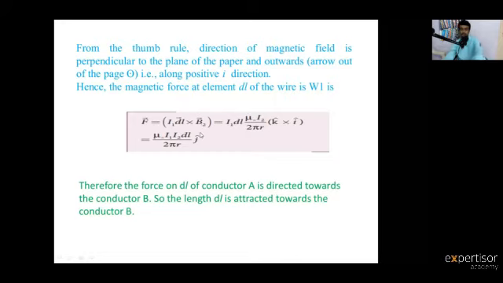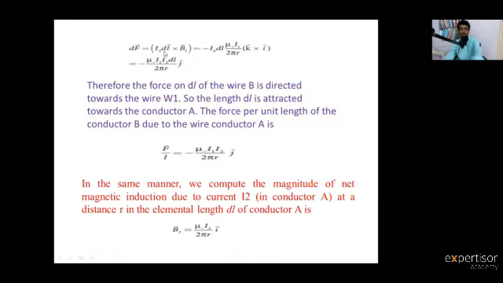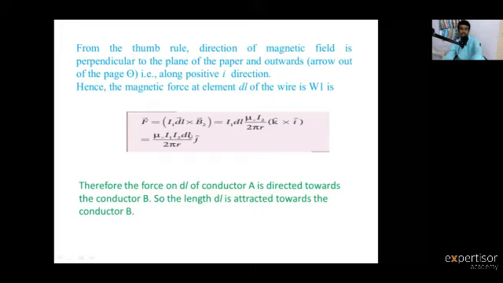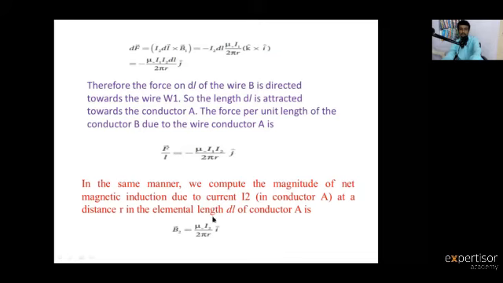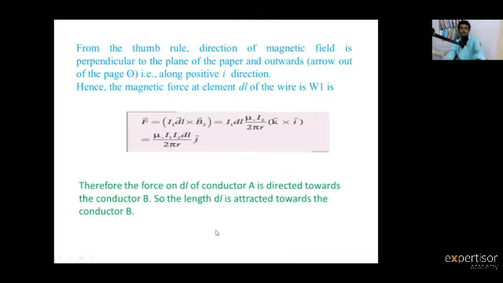In the before equation, we entered I2 for the first conductor. Here I1 is entered for the second conductor. So F equals I1 dl bar cross B2. B2 value, that is equal to mu naught I2 divided by 2 pi r into i cap.